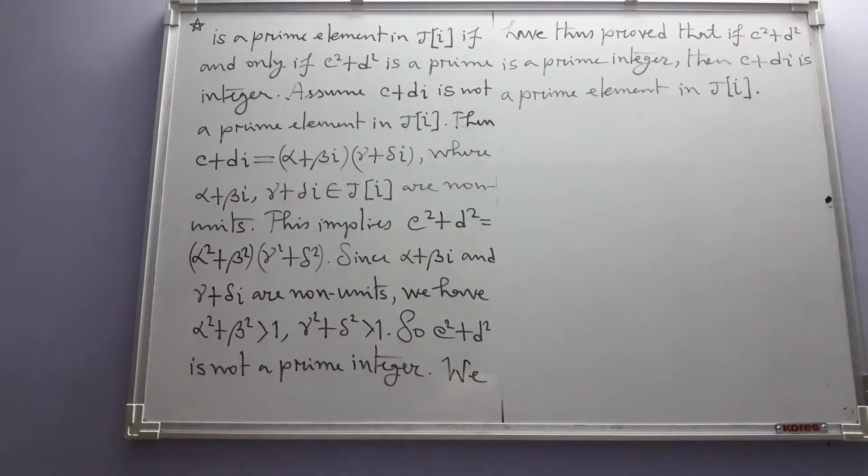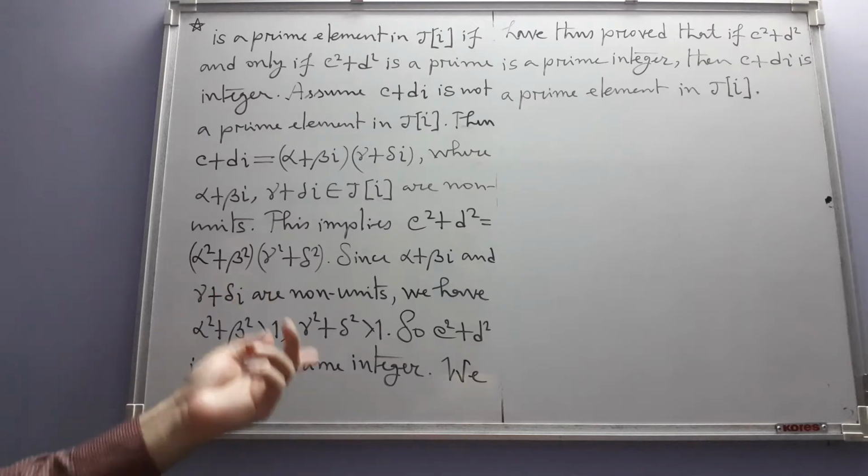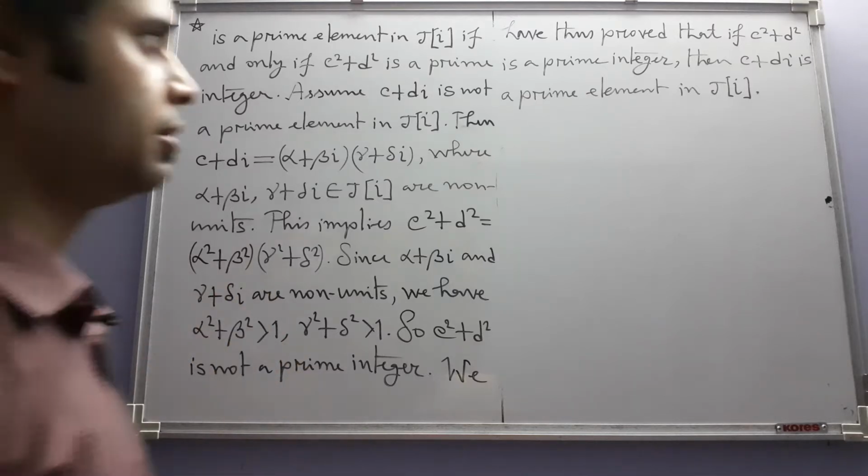Now we have to prove the converse, namely if C plus di is a prime element in Ji, then C square plus D square is a prime integer.